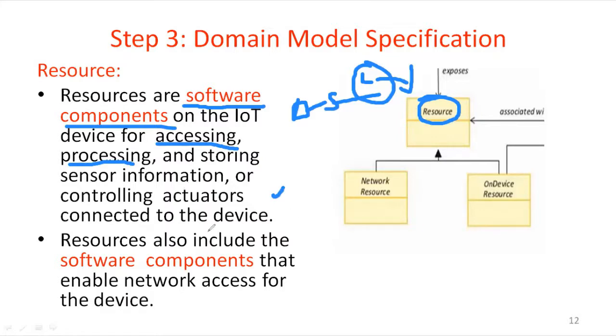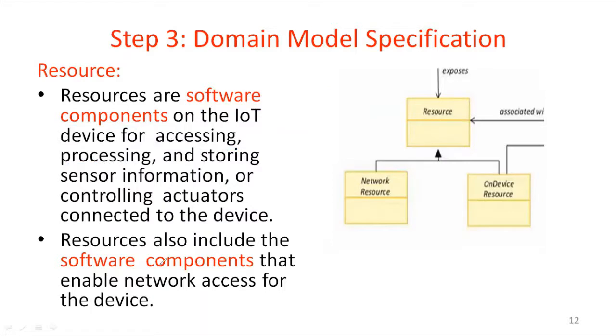For controlling the activator connected to the device, you will have this entity. For example, in a home automation system, the resources may be network resources or on-device resources. So many different resources are available. Resources include the software component that enables network access for the device. This is simple information about the resource.